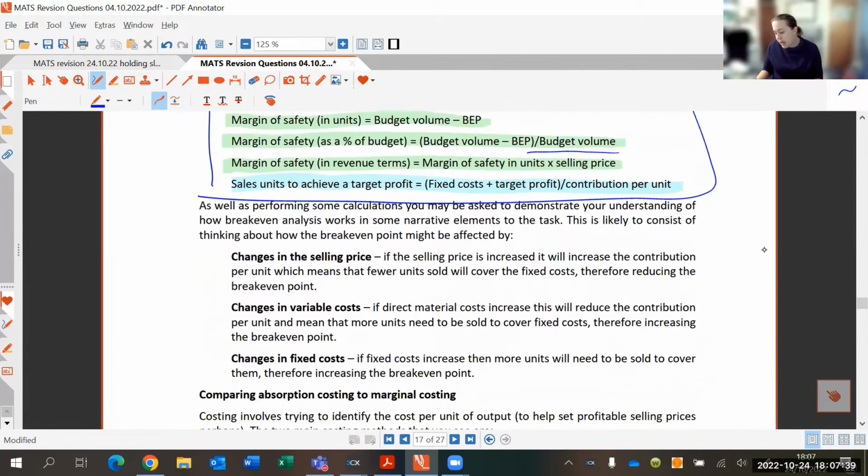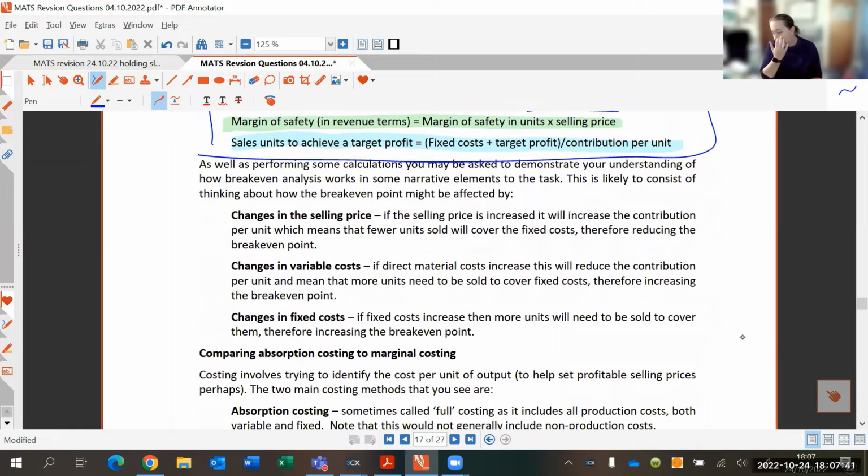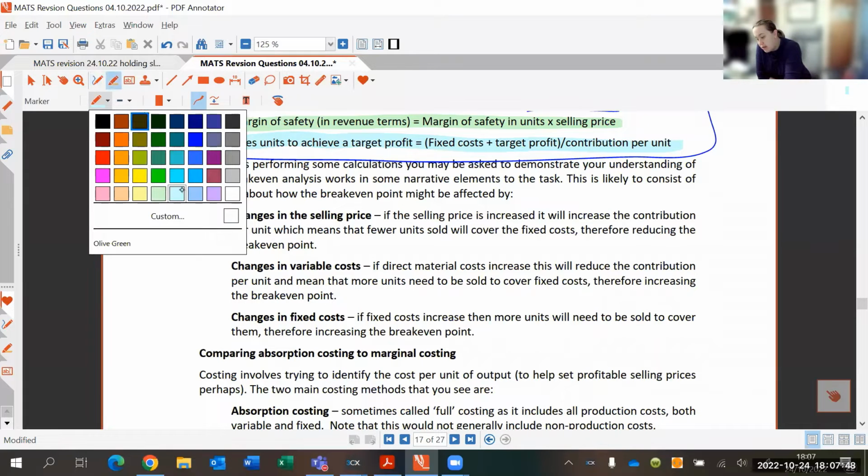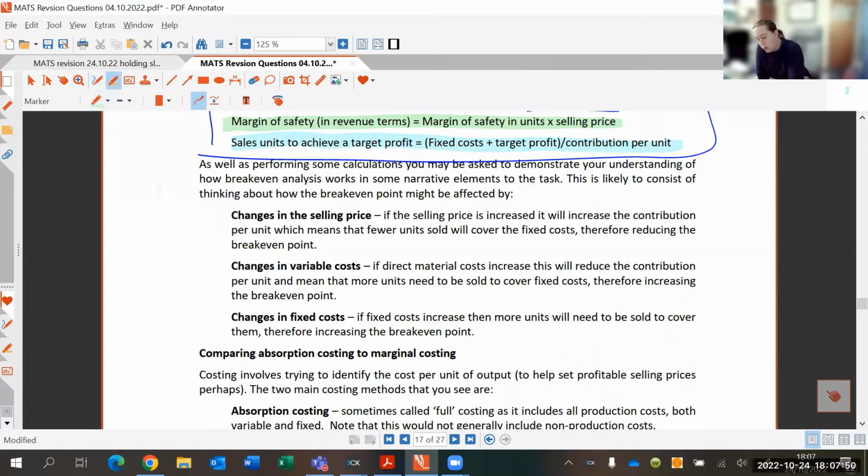You may also be asked to do some changes in kind of budgetary information. So you might be asked to look at changes to prices in terms of what we're selling the product. So, you know, if we're going to have a change in the selling price, it might be that the price goes up, in which case we're going to have more money coming in, and therefore we're going to have fewer units that we need to cover our fixed costs.